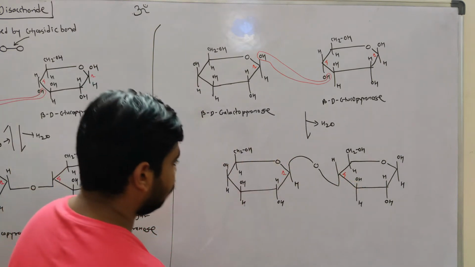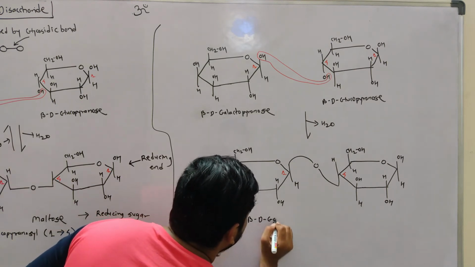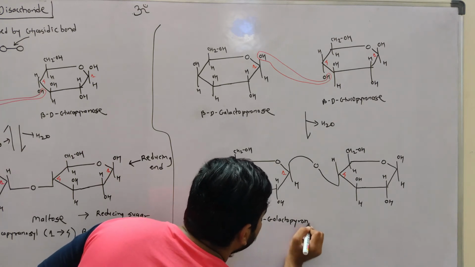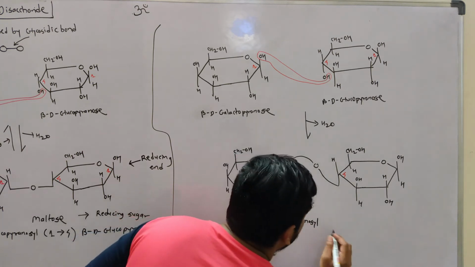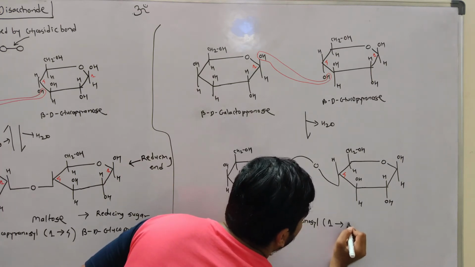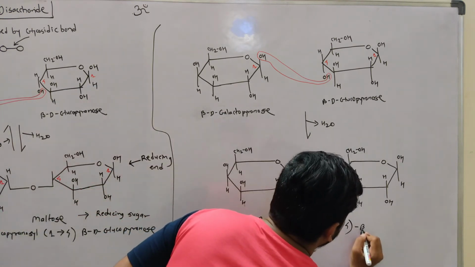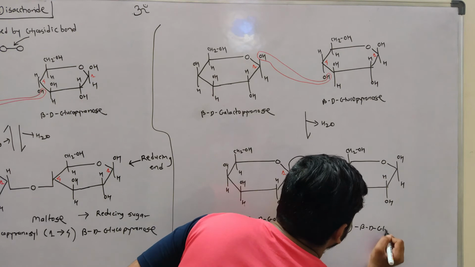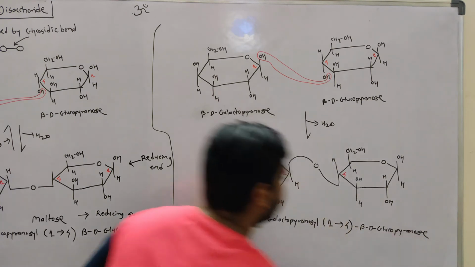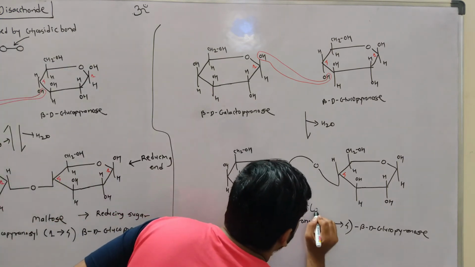So what will its name be? Beta D galactopyranosyl (1→4) beta D glucopyranose. This is how it is named, and it is also called lactose.